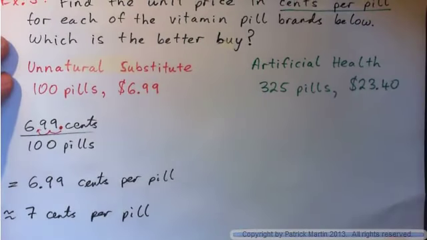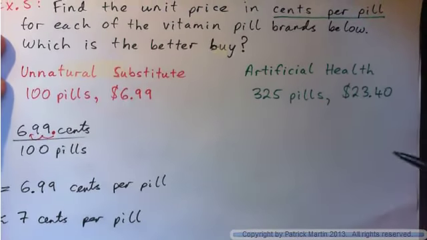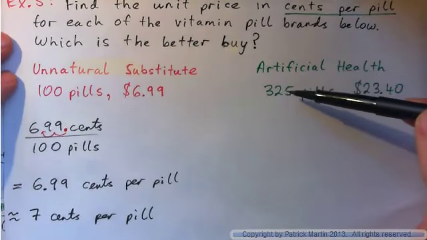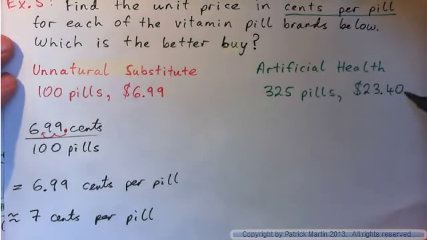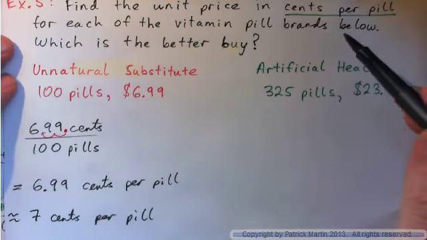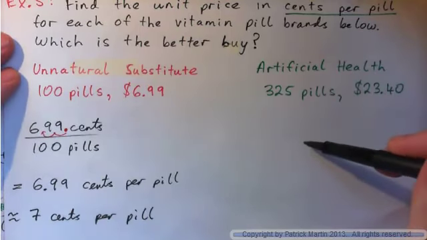Okay, so let's have a look at Artificial Health. They sell their vitamin pills for 325 pills for $23.40. Can you calculate what price per pill that is?